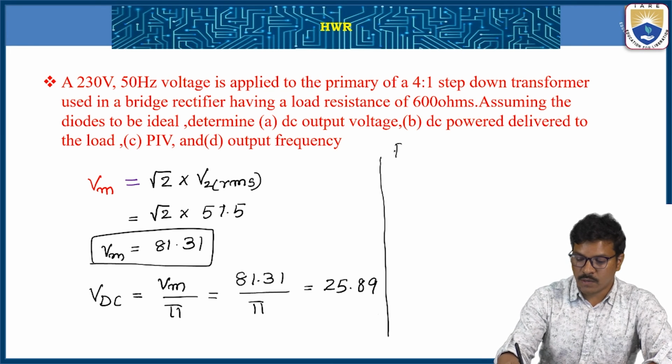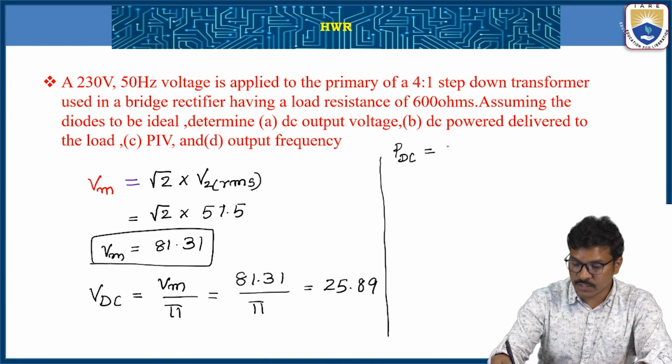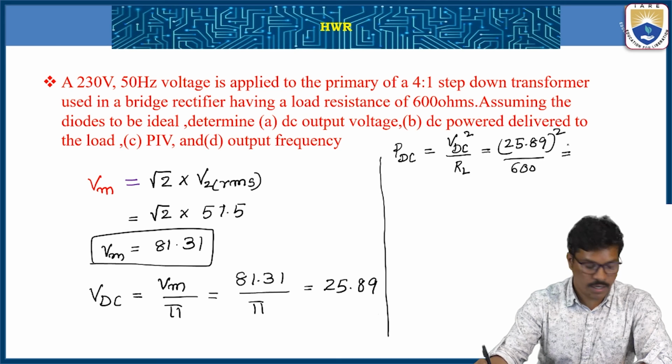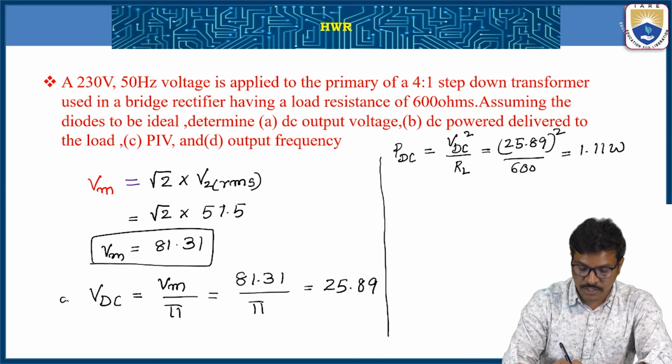Then PDC, you know that the DC power delivered to the load is VDC square by RL. 25.89 whole square divided by RL, which is 600 ohms. You will get the answer 1.11 watts.